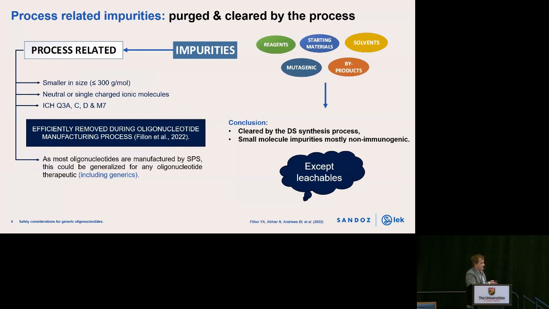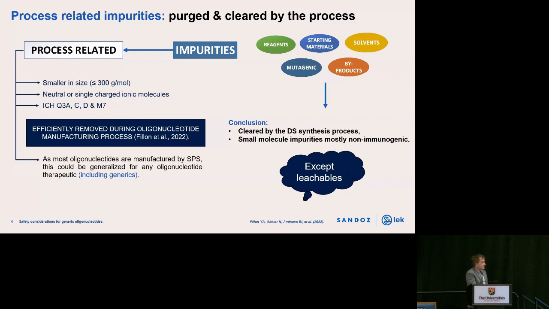And this was very nicely demonstrated by Filip and colleagues in a recent article, where they demonstrated that even for potentially mutagenic impurities, they are basically cleared by the process and not present. And this just emphasizes how robust this clearance of process-related impurities by SPS is.